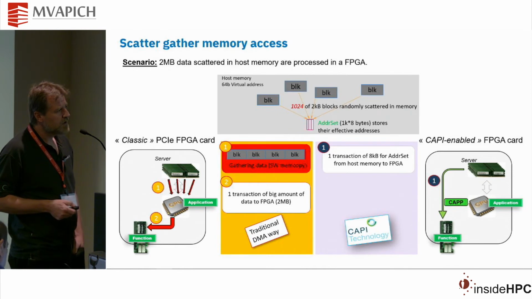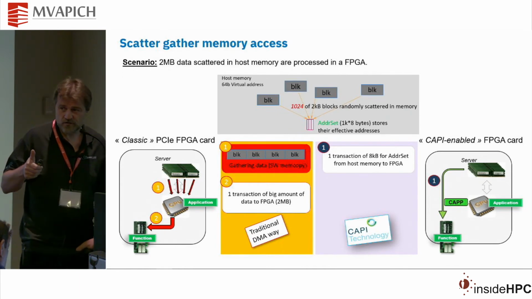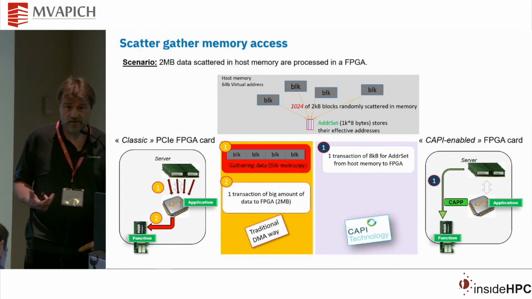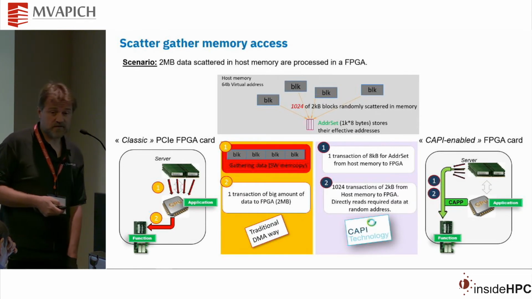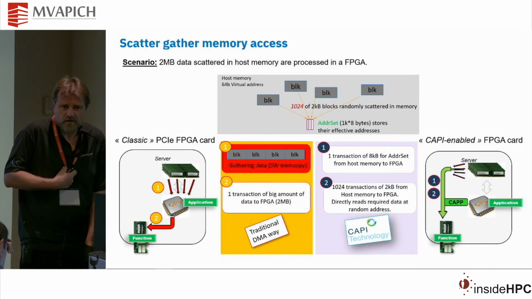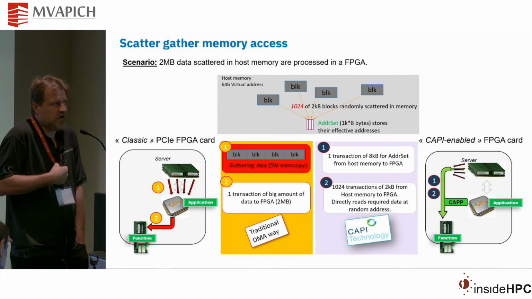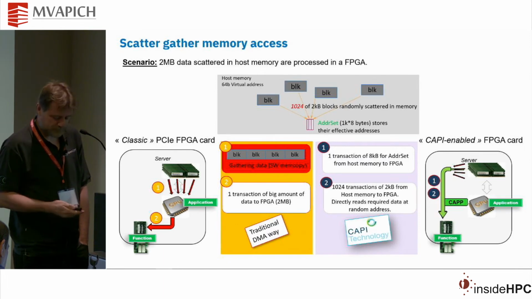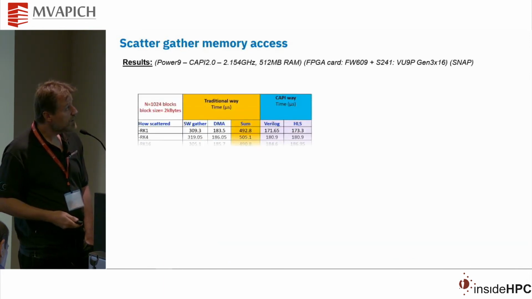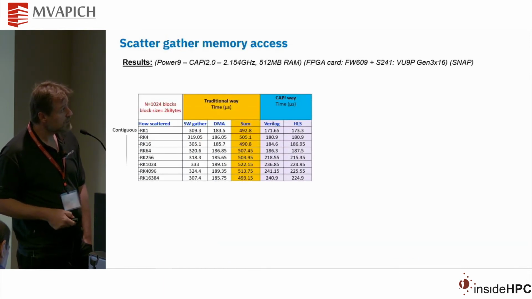CAPI mode, we make a first transaction to get the table. We need to get the table to get the addresses. Once we get the addresses, I am the FPGA, so I get at the addresses I've just collected the data myself. All right, so let's see now the results.